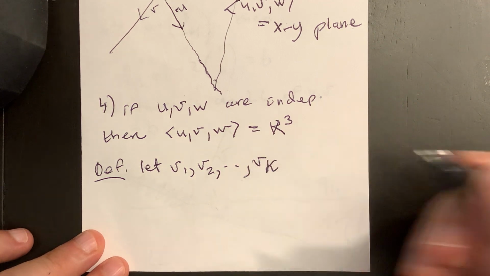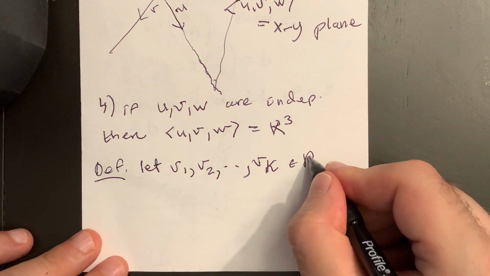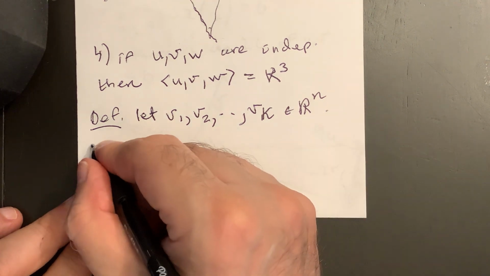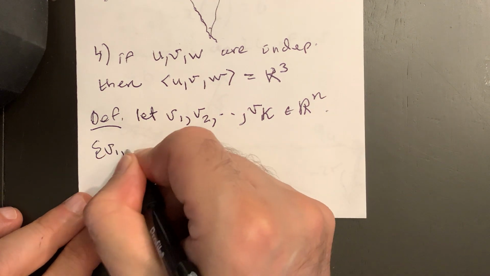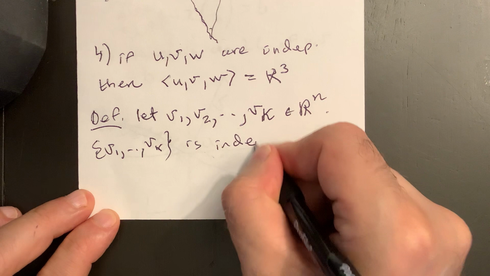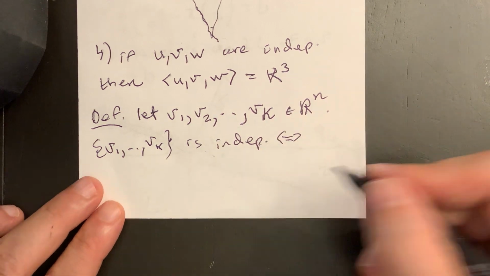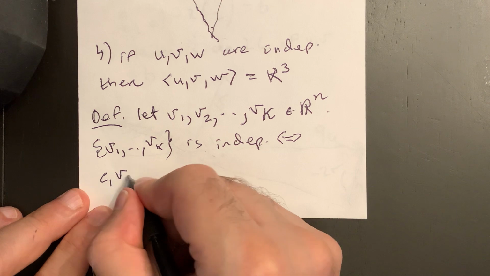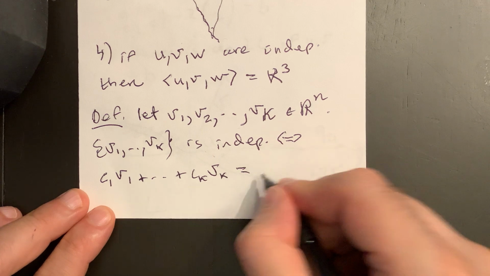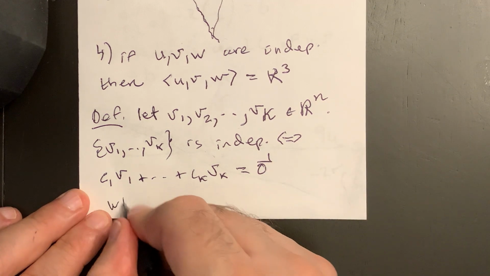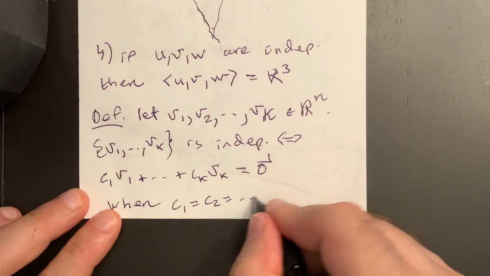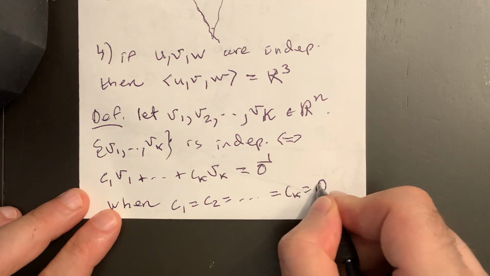Suppose I have k vectors in Rn, and we say the set is independent if and only if c1 v1 plus ... plus ck vk equals the zero vector only when c1 equals c2 equals ... equals ck equals 0.